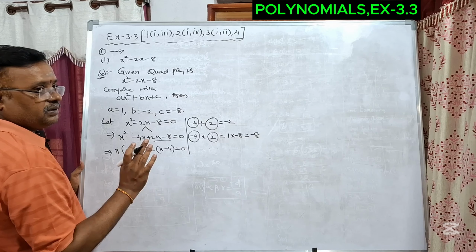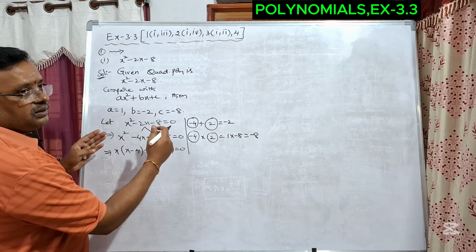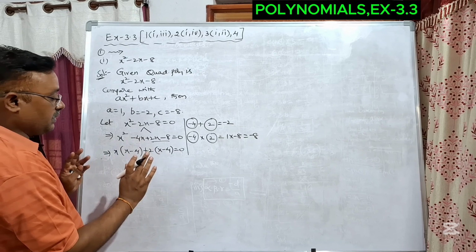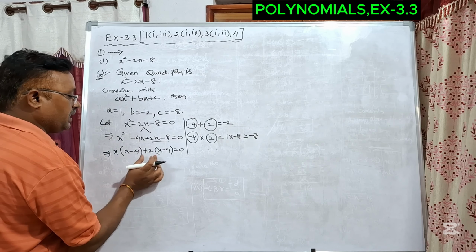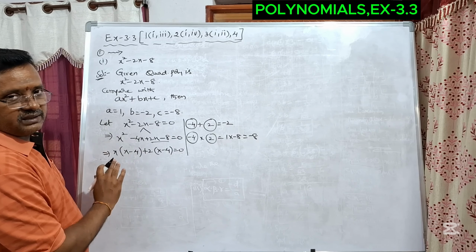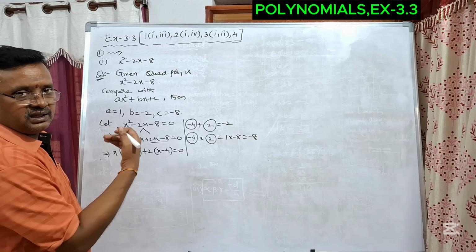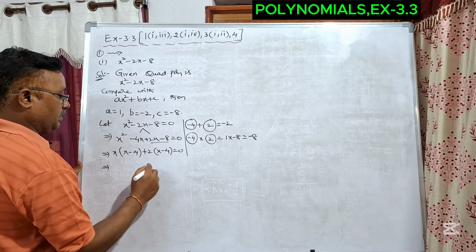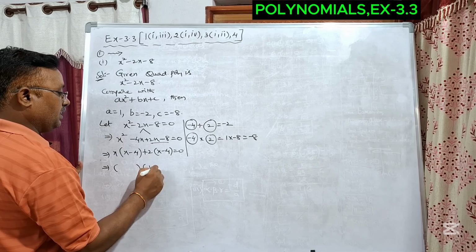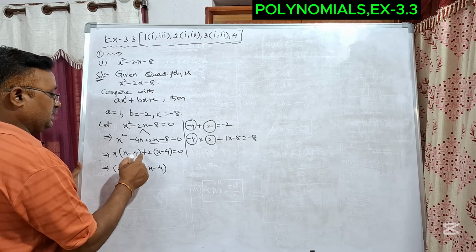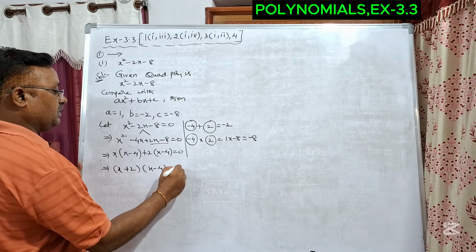So from this step you can check whether you have done the right mathematical step or not, because whatever brackets you get should be the same, then only the step is correct, the calculation is correct, otherwise recheck it. Now these brackets are common, so take them common aside, then the remaining value is x plus 2 equal to 0.